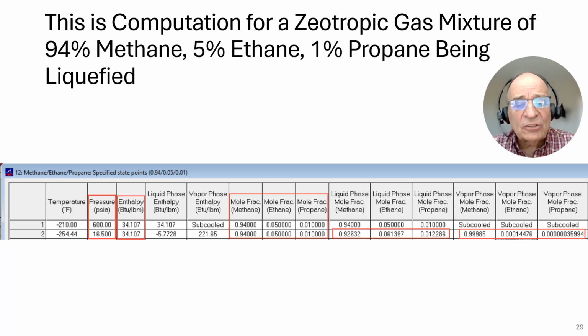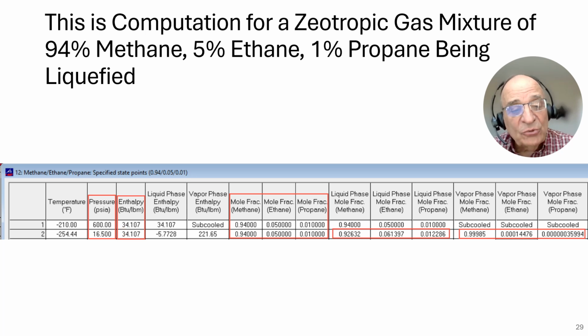Now I know I'm going across a JT valve. A JT valve is a constant enthalpy valve. So a constant enthalpy valve means the enthalpy is the same at the inlet of the valve and at the outlet of the valve. At the inlet of the valve, we have 600 psi. At the outlet of the valve, we have 16.5 psi. So I input the value 16.5 psi and I type in the value 34.107 here.